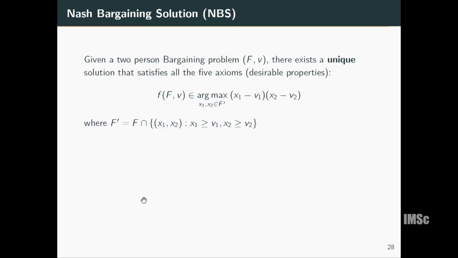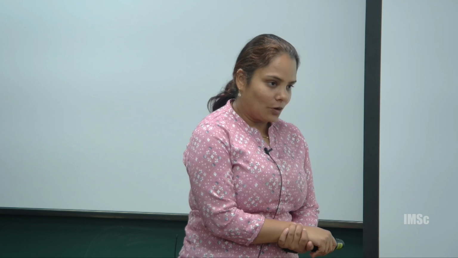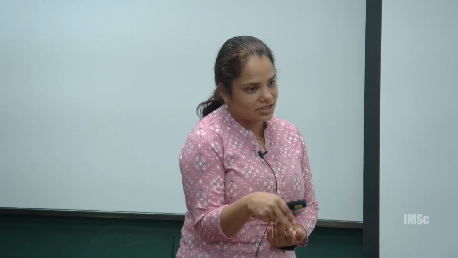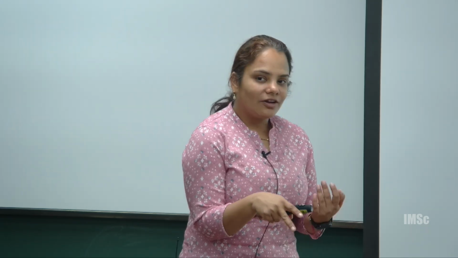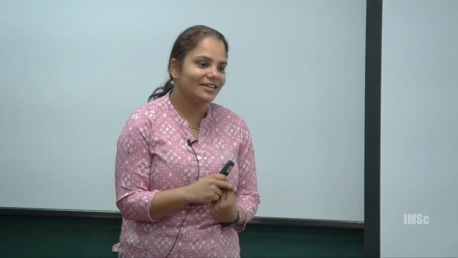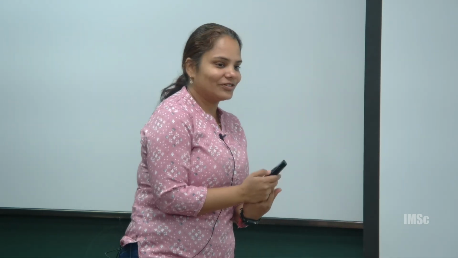By assuming there is something else which satisfies all the 5 properties but is not this. Then you can come up with some lambda ones and mu ones such that it violates one of the properties. I don't think I will have time to prove this, because I want to do Shapley value at least. So let's move on.